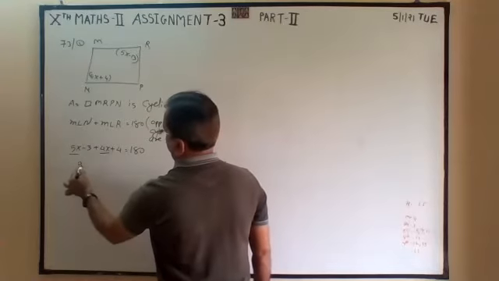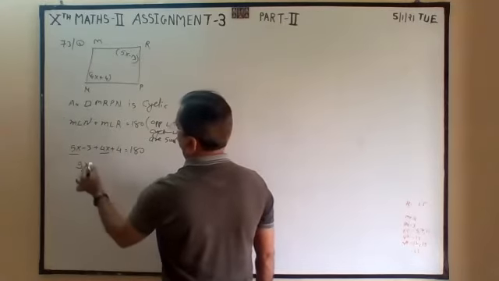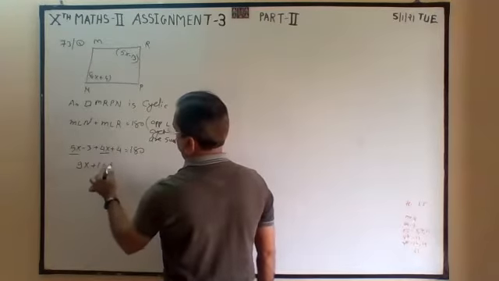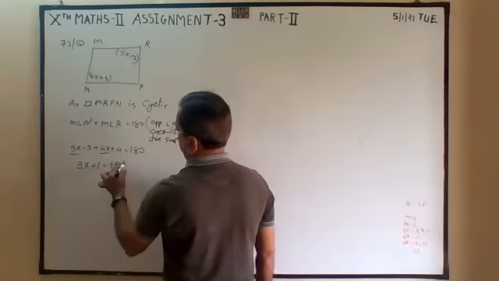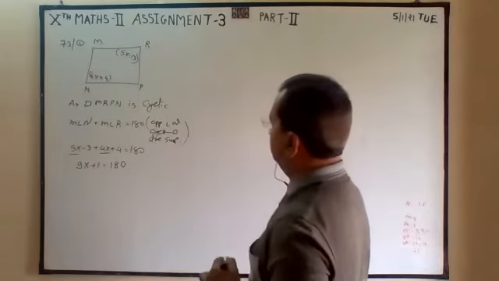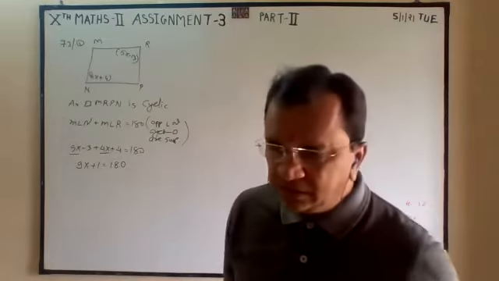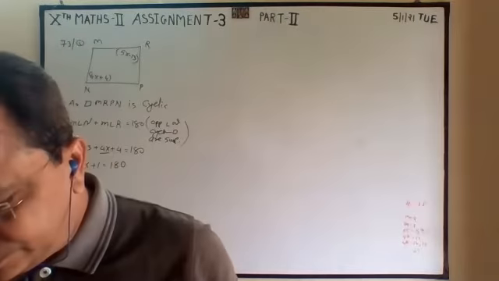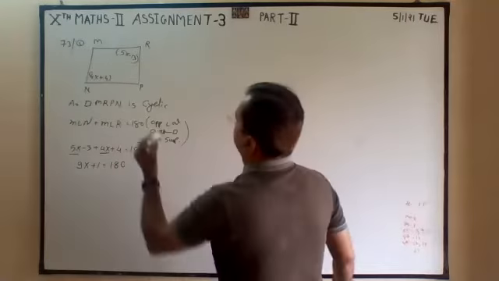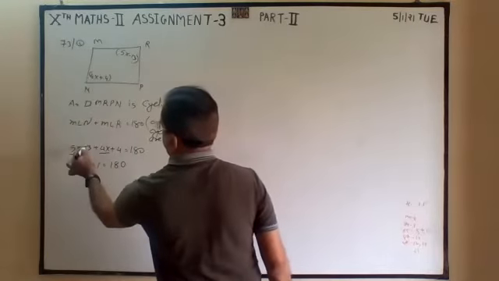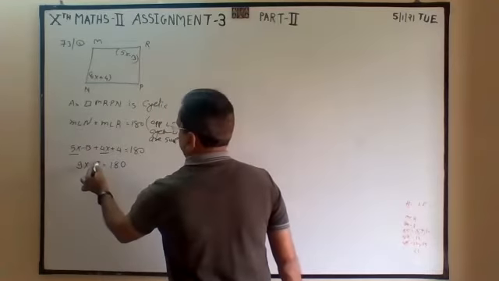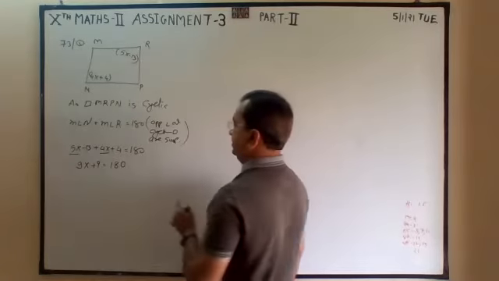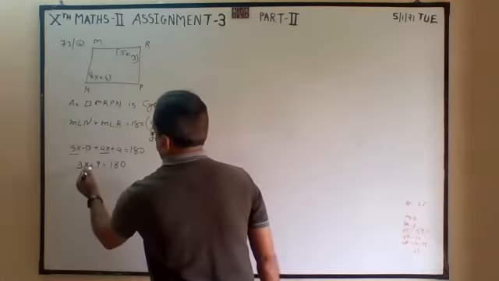Same terms, so 9x, minus 13 plus 4 is minus 9.